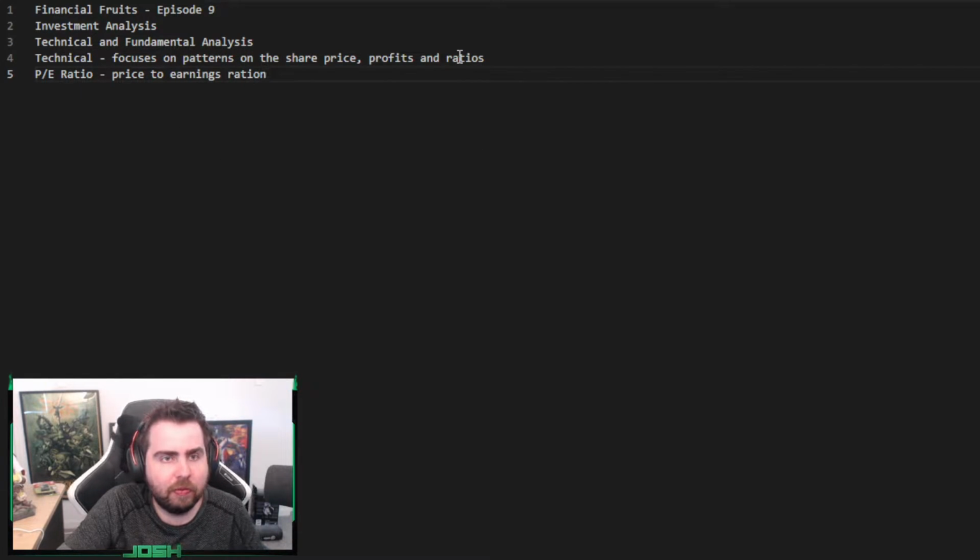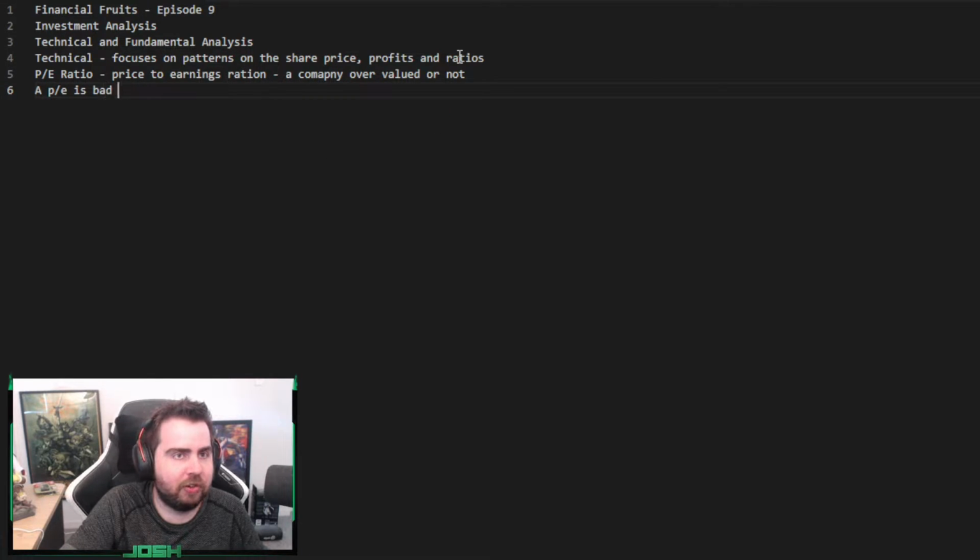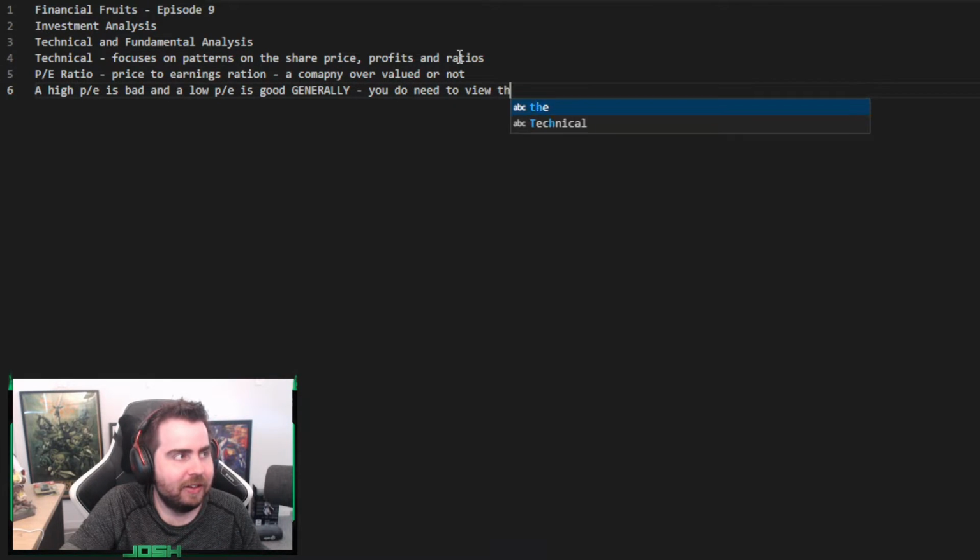Basically, this measures whether a company is overvalued or not. So basically, a high PE is bad generally, okay? And a low PE is good. Generally speaking, that's what it's viewed as. You do need to view this across industries as well.